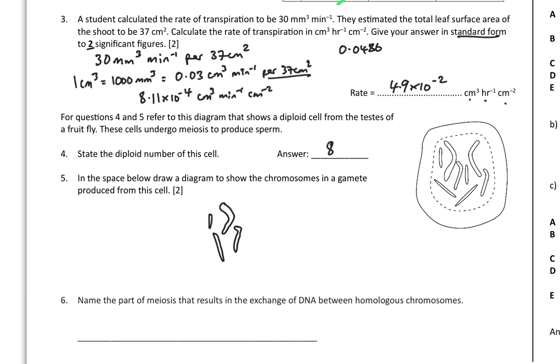As long as I've got 4 chromosomes shown for 1 mark, and trying to get one of each pair. So I've taken that one, that one, that one, and that one there. Again, nice and easy.